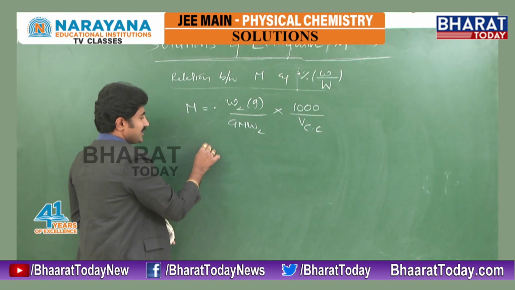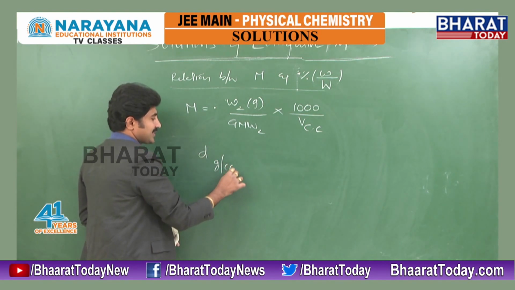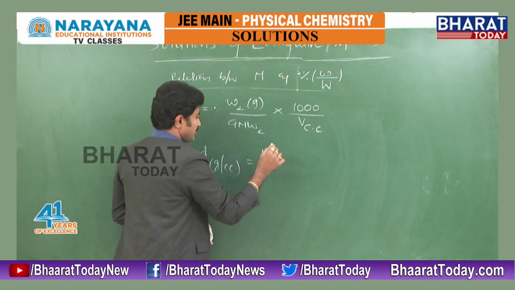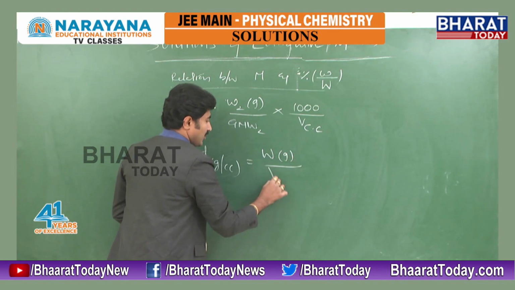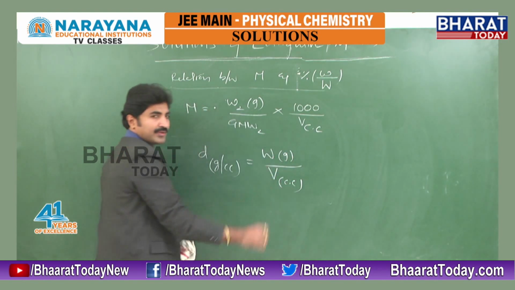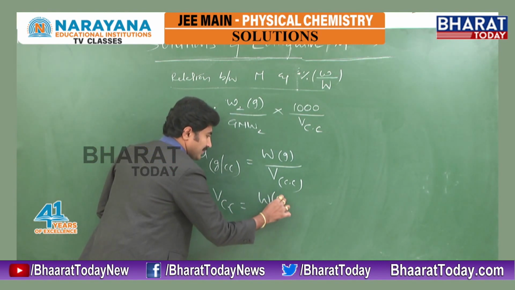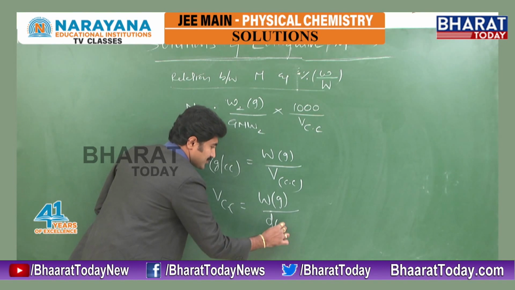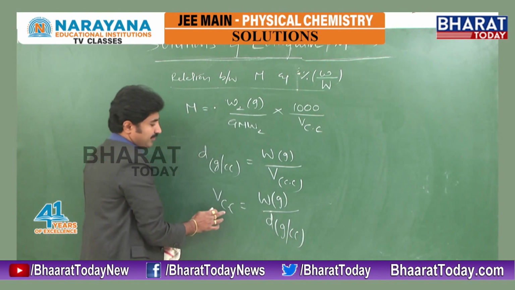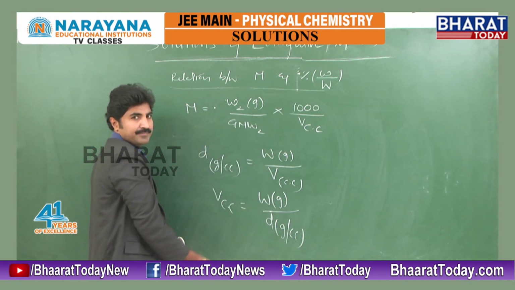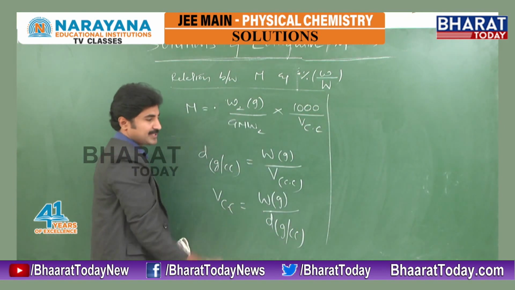But what is the density of the solution in gram per cc? This is the weight of the solution in grams by volume of the solution in cc. From this, what is the volume of the solution in cc? W in grams by density of the solution in gram per cc. Now if you substitute this volume here, you get this expression.